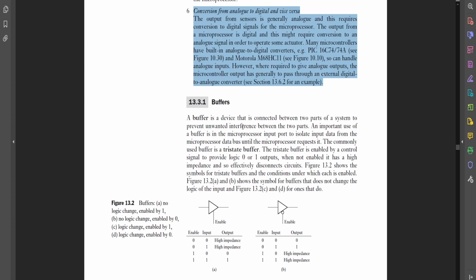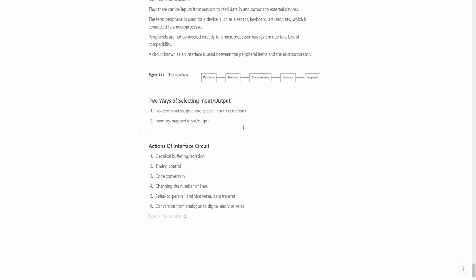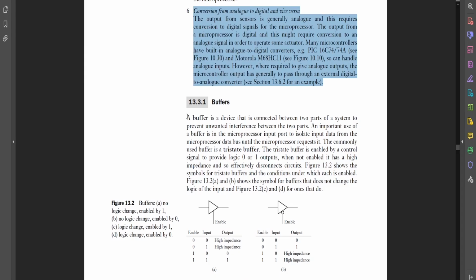So a buffer is a device that is connected between two parts of a system to prevent unwanted interference between the two parts. Okay, that's fine. So let's just put buffer, and we'll copy and paste that definition in there. An important use of a buffer is in the microprocessor input port to isolate input data from the microprocessor data bus until the microprocessor requests it.